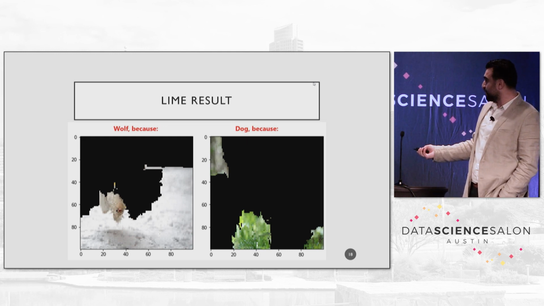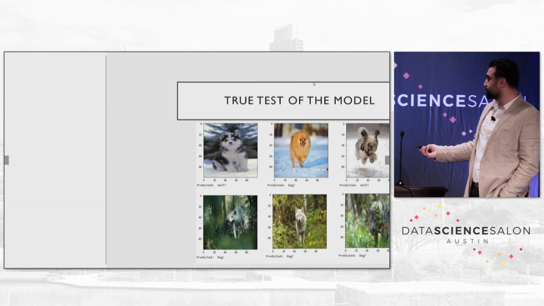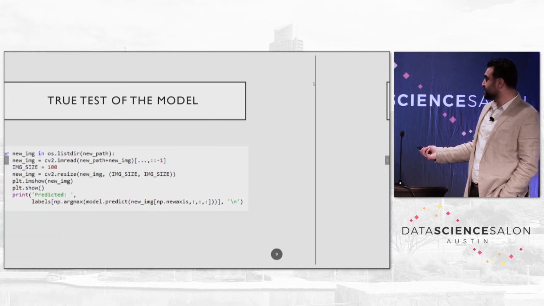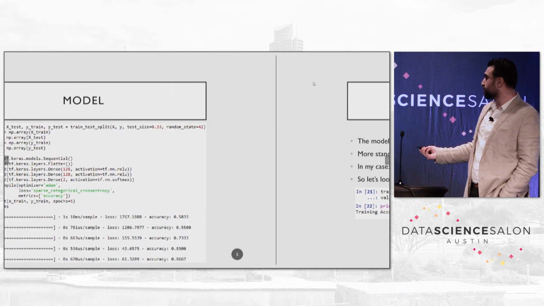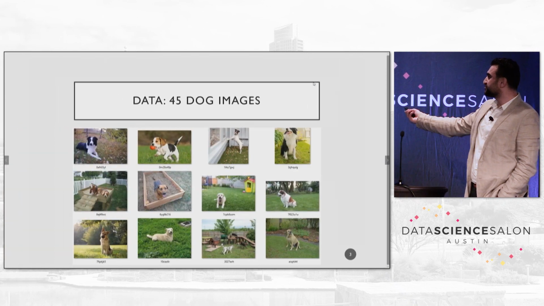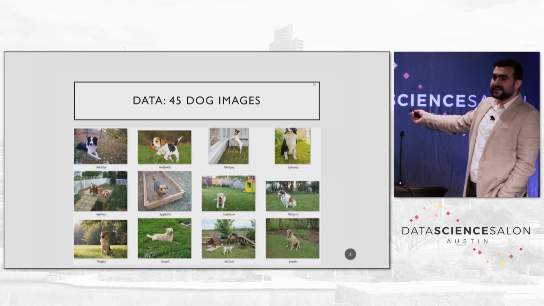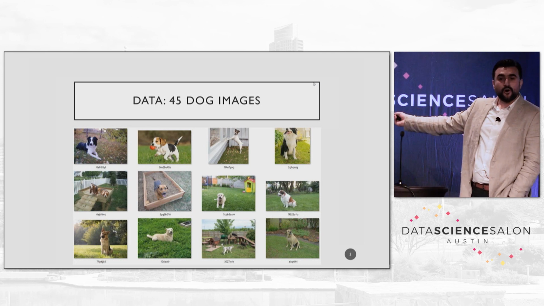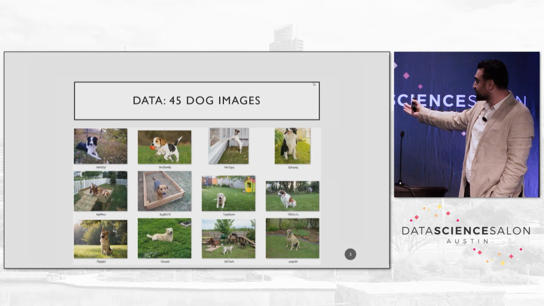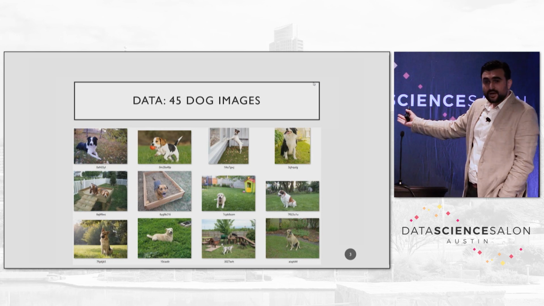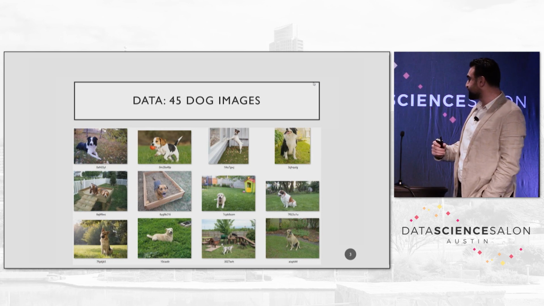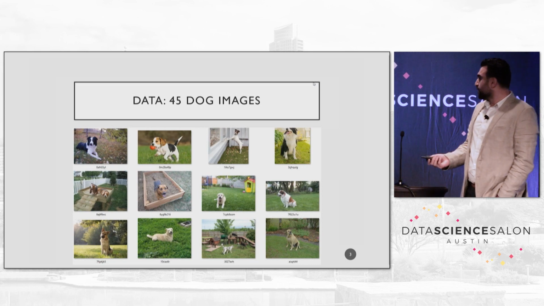So actually, we can come back to the training sample and take another look. So there you go, this is the reason. All dogs had a green background. They were all in a backyard or a playground or a nice forest and whatnot, right?